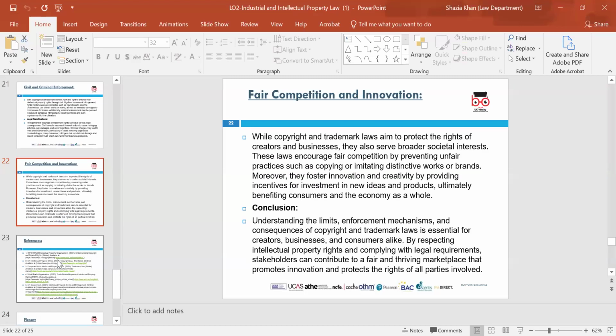Fair competition and innovation. While copyright and trademark laws aim to protect the rights of individuals, creators and businesses, they also serve broader societal interests. These laws encourage fair competition by preventing unfair practices, such as copying or imitating distinctive works or brands.